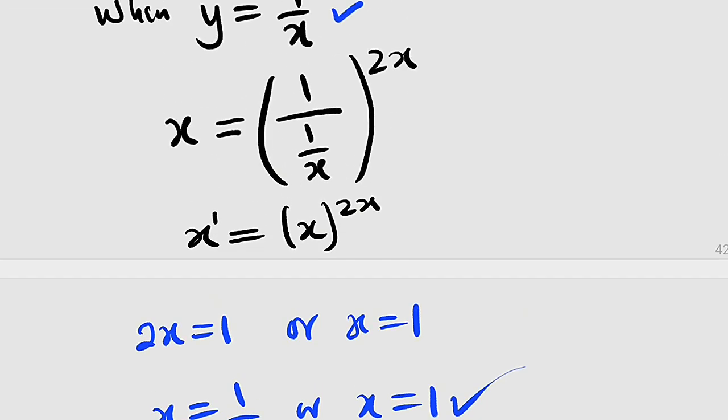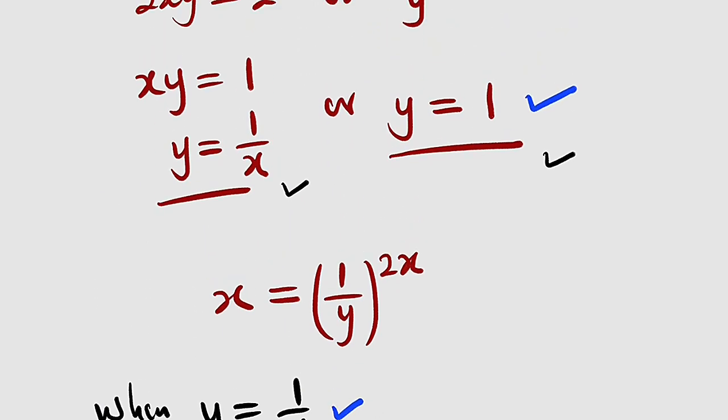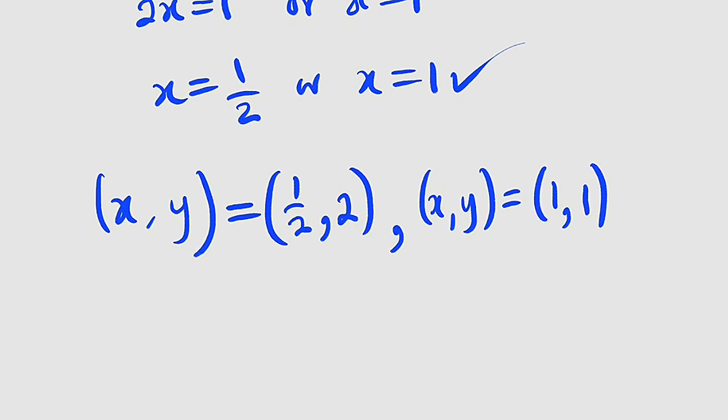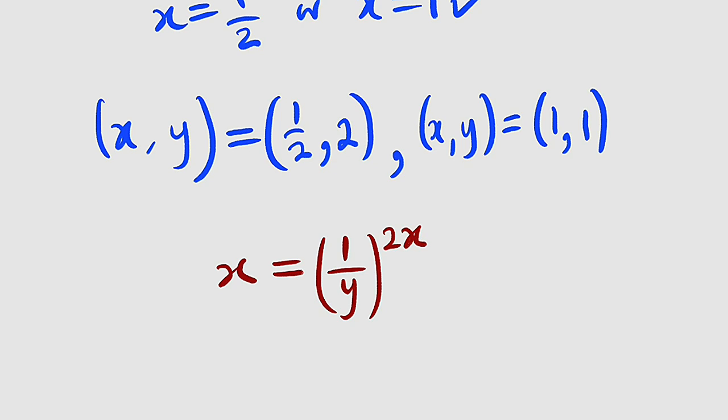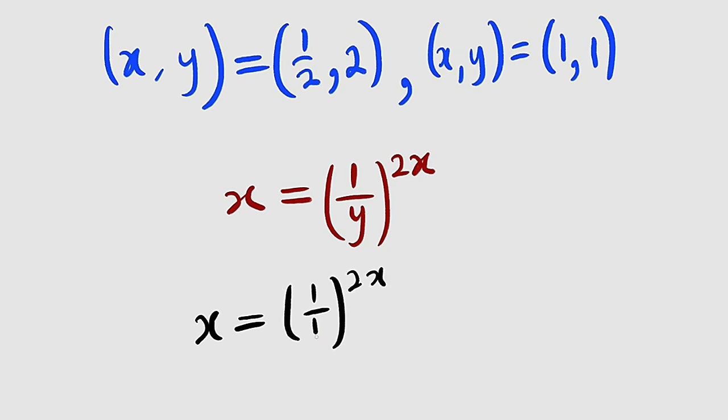But remember that we have another value of y, which is equal to 1. We are also going to substitute it in that equation. So this is the equation, but y is equal to 1. So we have x equal to 1 divided by 1 to the power of 2x. 1 divided by 1 is 1, and 1 to the power of 2x is still 1.